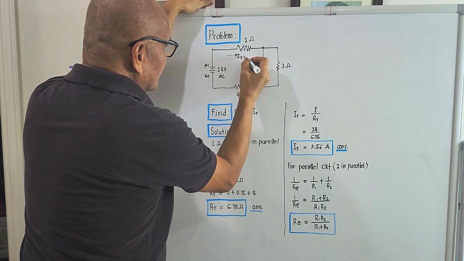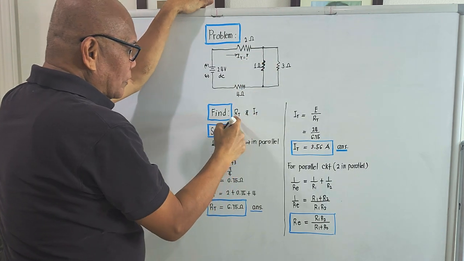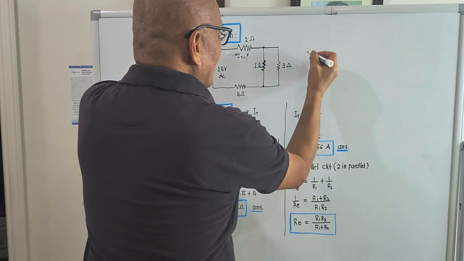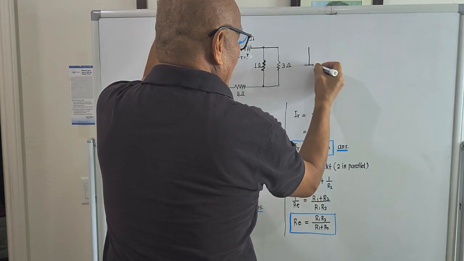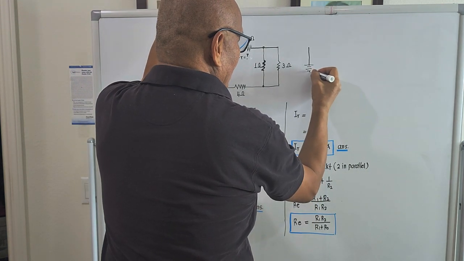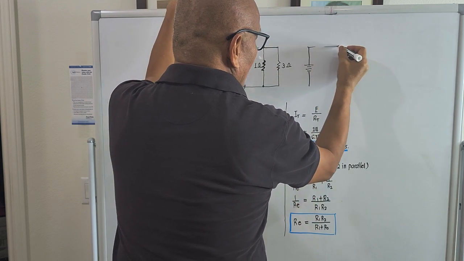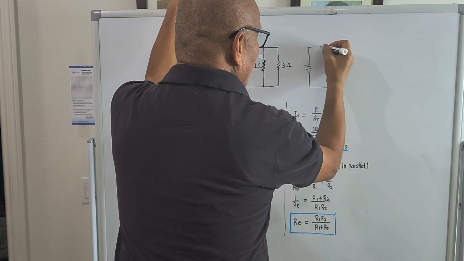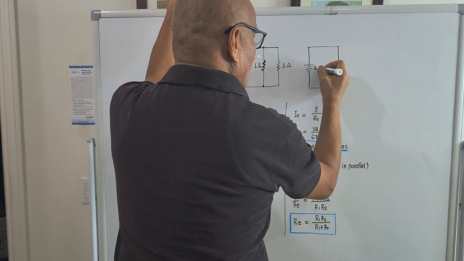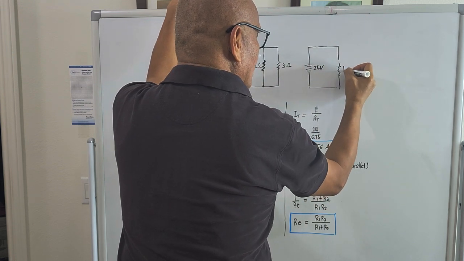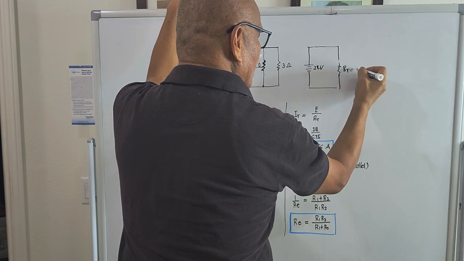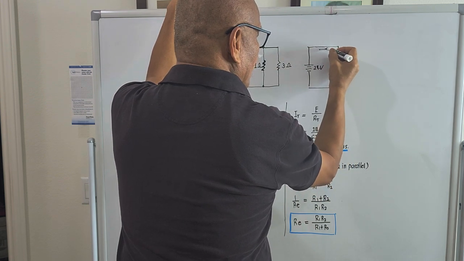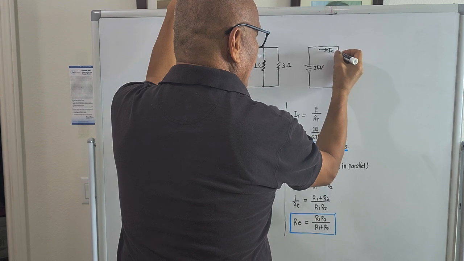For R total, it will be something like this, if we try to simplify. The source should be 24 volts, and there should be R total and I total.